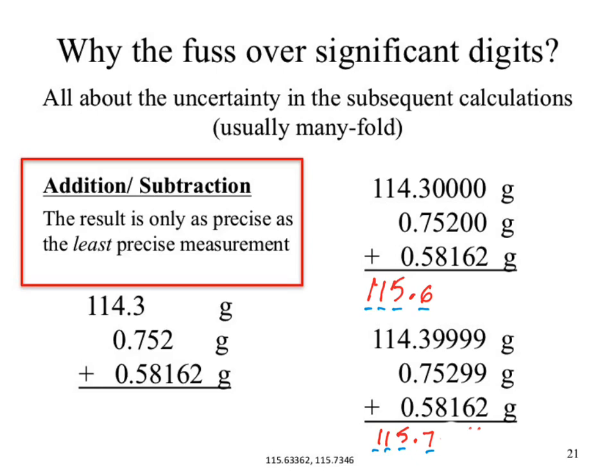Did our numbers at the beginning help predict that potentially? The first number only could report to the tenths place. Where did my variability show up? The tenths place. Why? Because that 3 in that first number was a guess. I'm not confident in that value.